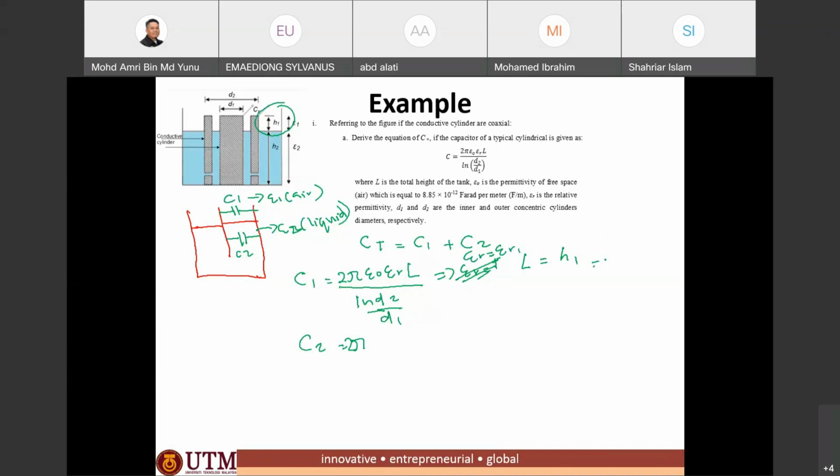So here we get 2 pi epsilon 0 epsilon R1 H1 over ln D2 over D1.